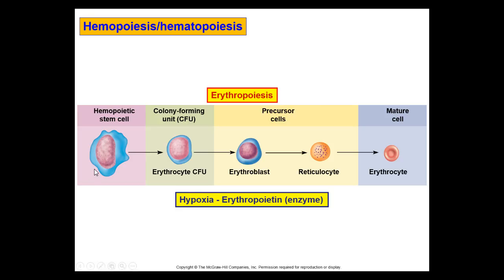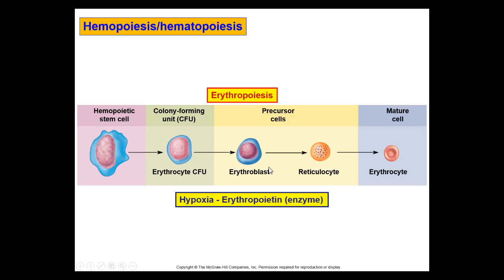The erythropoietin is going to bind on the erythrocyte colony forming unit, on this particular cell here. There are binding sites for that EPO on this cell, and it leads to the cell increasing in number, making a whole lot of themselves, increasing the production of these cells down the line. So the erythropoietin has its effect here.